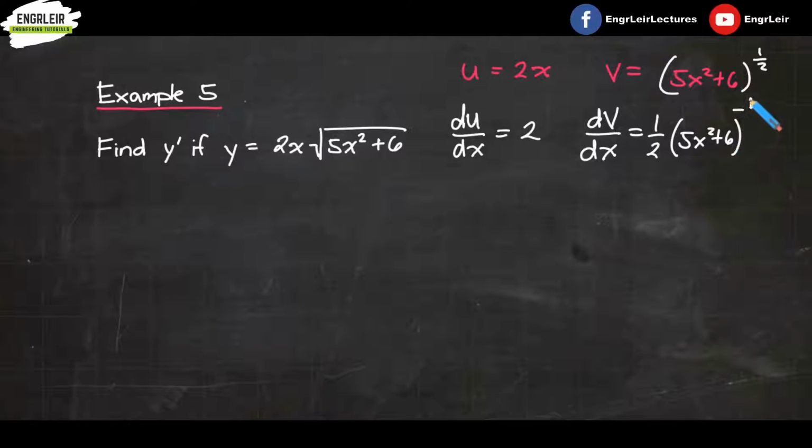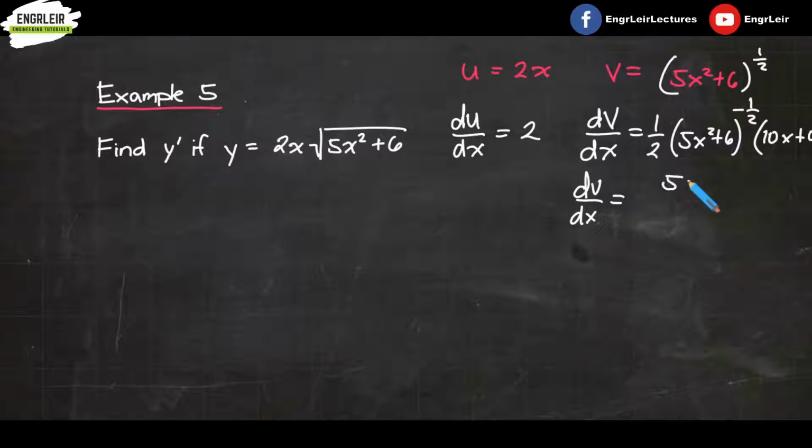So, following the chain rule from earlier, it becomes 1/2 minus 1. And then this should be multiplied by the derivative of what's inside, which is 5x squared. So this becomes 10x, plus the derivative of 6, which is 0. Okay? So dv over dx would be 10x times 1/2.